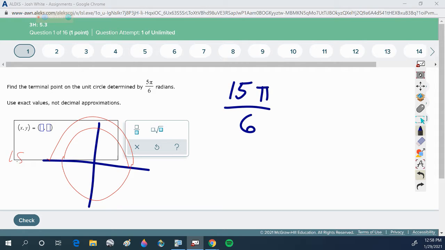So it's somewhere between 18 and 12. Oh. It's this right here. Now I cheated a little bit because it actually simplifies. But right there, if that's a unit circle, what is the point? 0, 1. Okay, because 15 is halfway between 12 and 18.